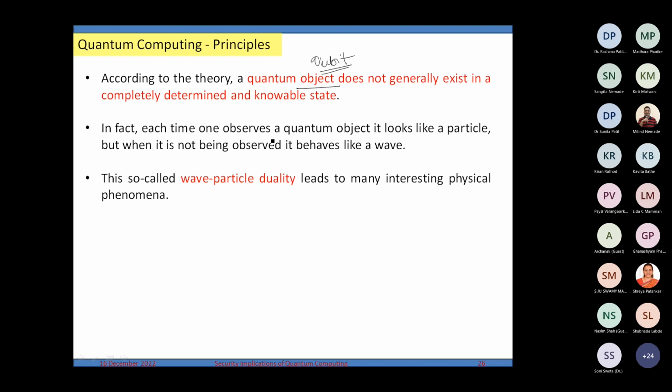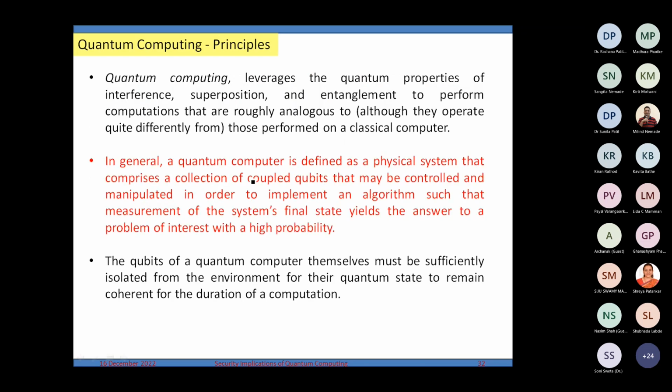This is called wave-particle duality in a physical phenomenon. Quantum computing leverages the properties of quantum physics, namely superposition, entanglement and interference, and hence performs computations in a way that gives much more exponential power than a classical computer.